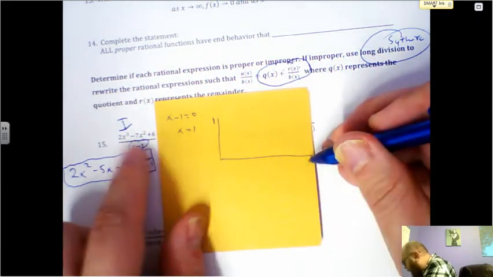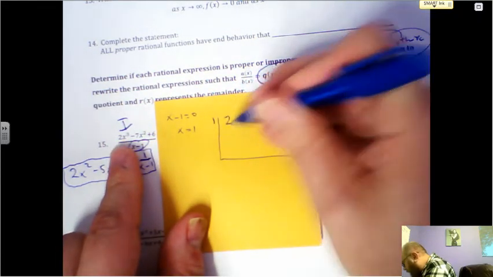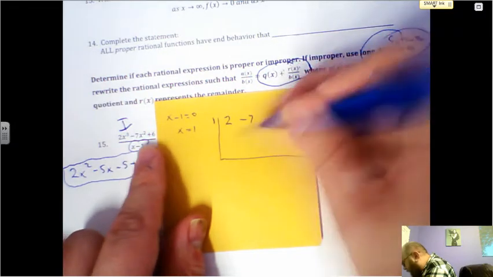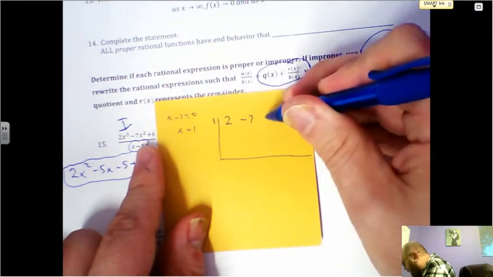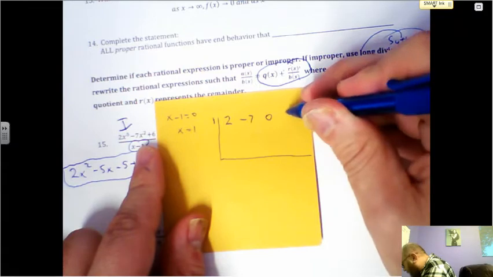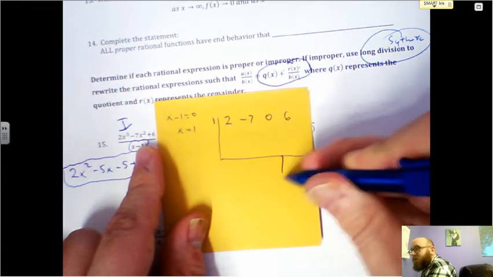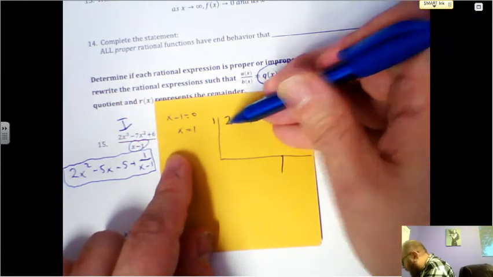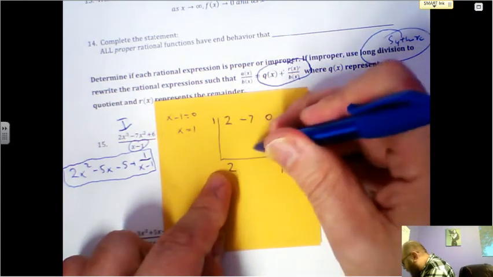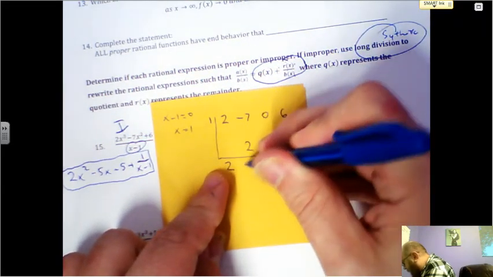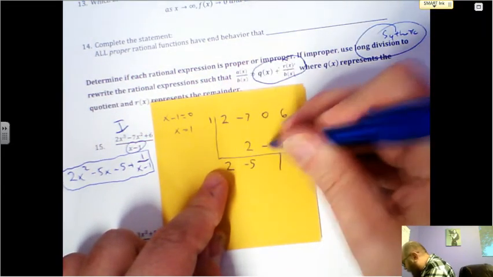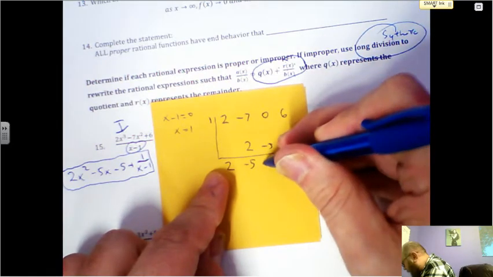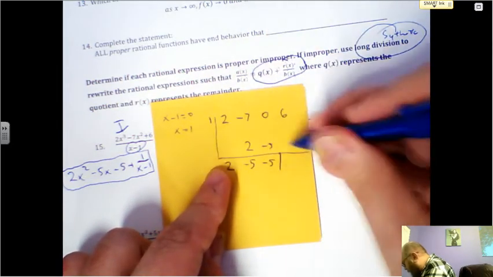We write down our coefficients, 2, negative 7. There's still that 0x there, so I need to put the 0 there, and 6. This bottom corner here will be our remainder. I bring down the 2, I multiply, I add, I multiply, I add, I multiply, I add.